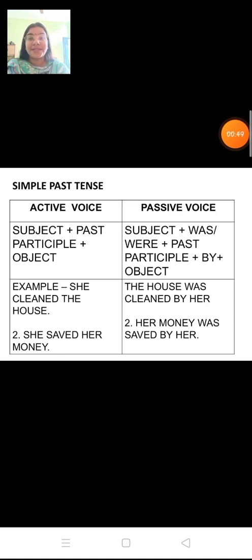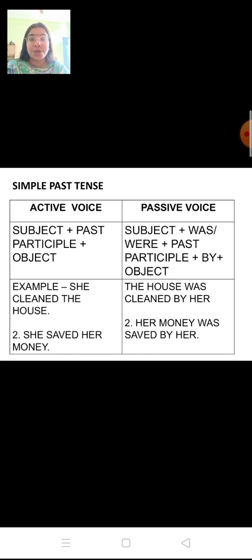So we have discussed the cases with the present tense and past tense. For example, in simple past tense, if a sentence is in active voice, then what is the structure of that sentence? That sentence must have a subject plus past participle plus object. For example, she cleaned the house. Here, cleaned is the verb and it is in past participle.